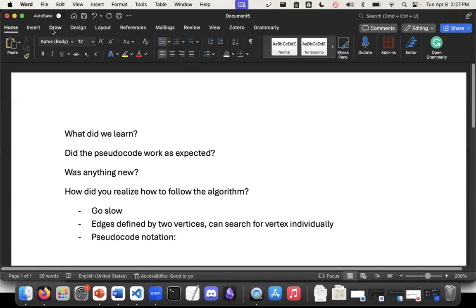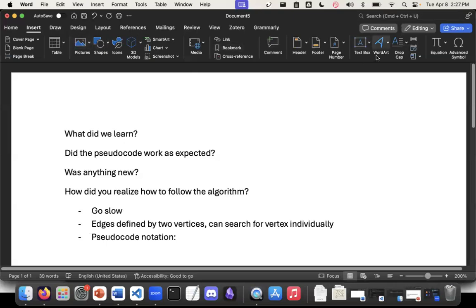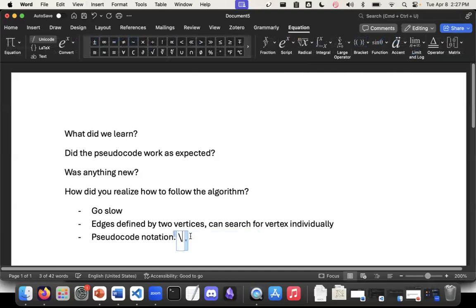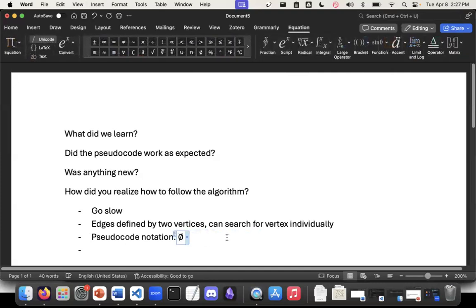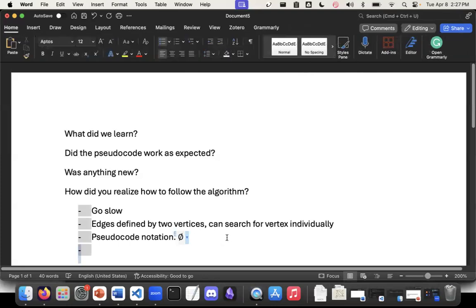And then I know someone else said the colon equals or the colon dash.